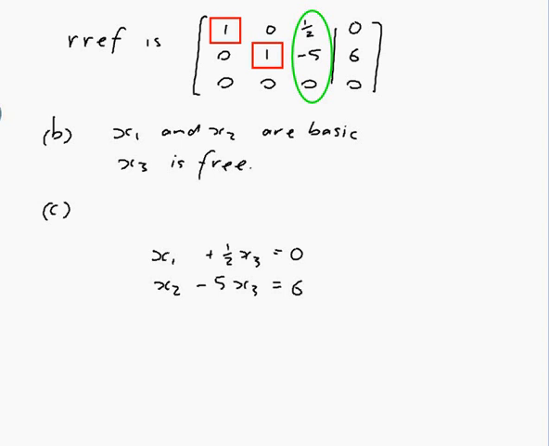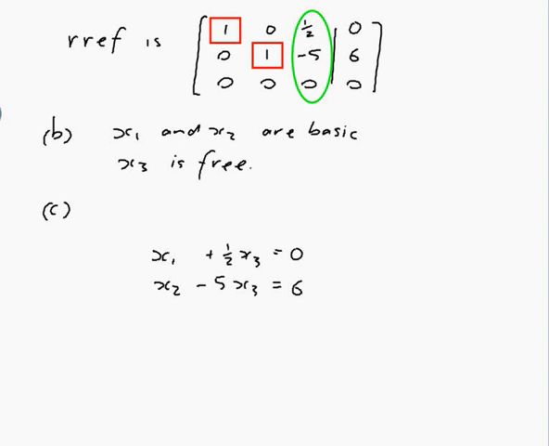That's the equations I'm left with. As you can see, I can't quite figure out what everything was. If these had all been 0 just here, then I would have been able to say it's just x1 is equal to 0 and x2 is equal to 6. But they're not equal to 0.